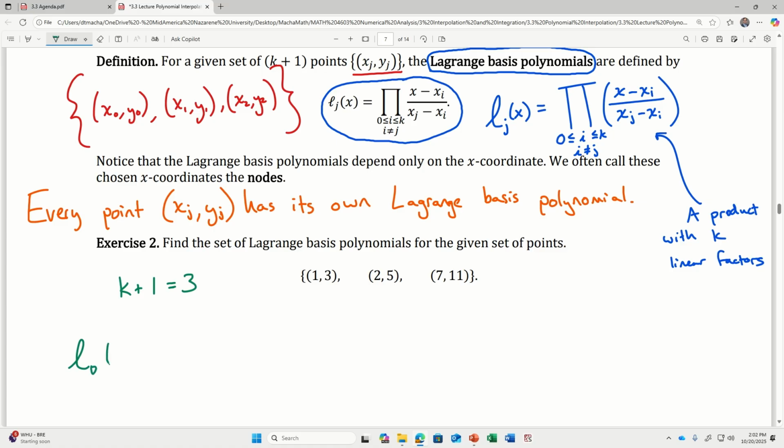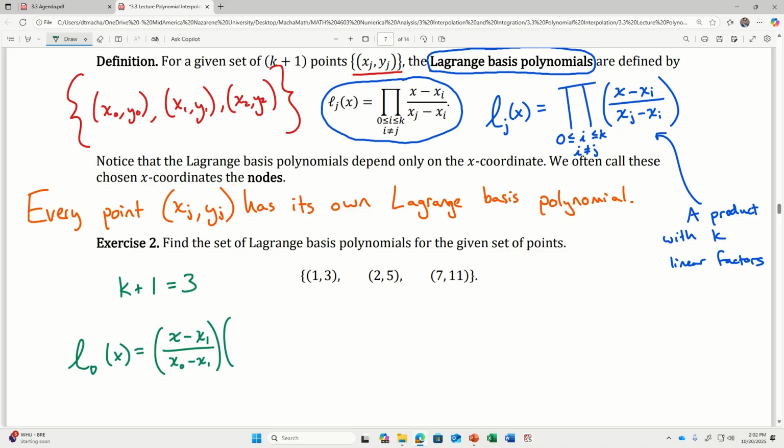One of them is going to be L0 of x. And that's going to be a product where every one of the factors looks like x minus... I'm not going to include x0 here because I'm not including the factor where i is equal to j, and this time j is 0. So I'm going to skip ahead to x1, divided by x0 minus x1.